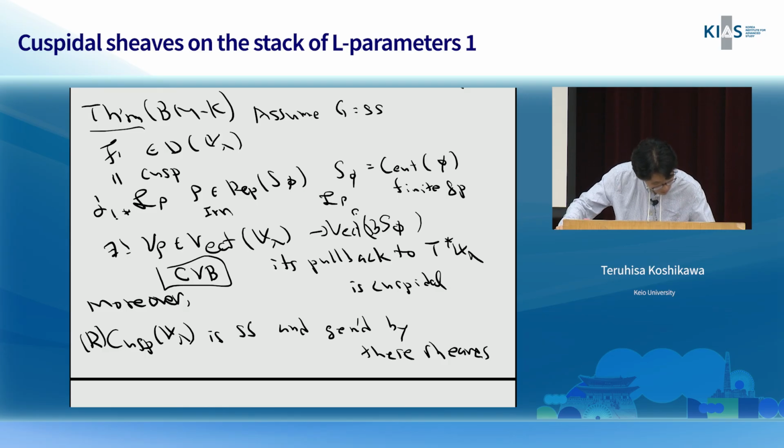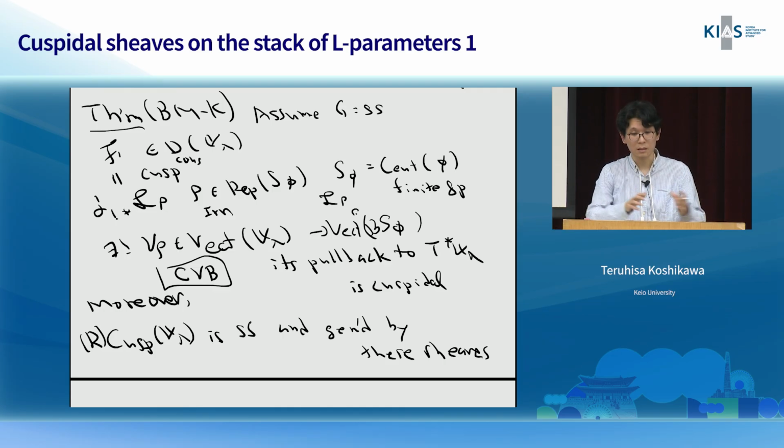This is a constructible sheaf, right? And classified by Lusztig. And then there is a corresponding coherent sheaf on the cotangent stack. It's actually a vector bundle. And actually they generate the cuspidal sheaves on the cotangent. And using that, you can prove a cuspidal sheaf on the actual stack of parameters is also generated by the corresponding sheaves.